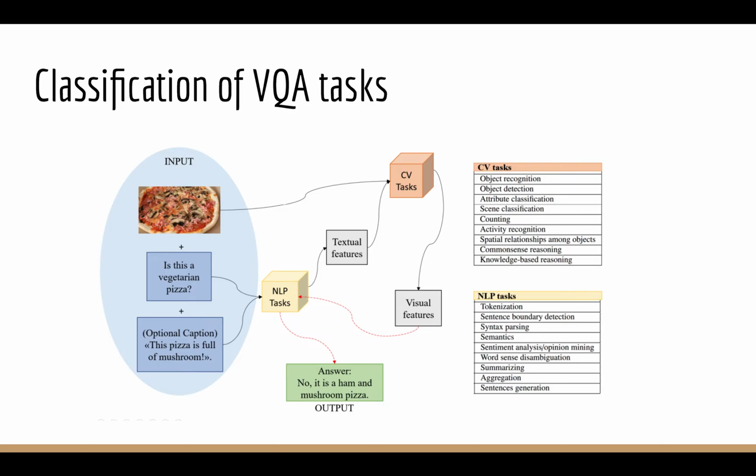In one of the surveys, Manmathan and Kaur in 2020 have classified the CV tasks and NLP tasks accordingly. The CV tasks are object recognition, object detection, attribute classification, scene classification, counting, activity recognition, spatial relationship among objects, common sense reasoning, and knowledge based reasoning.